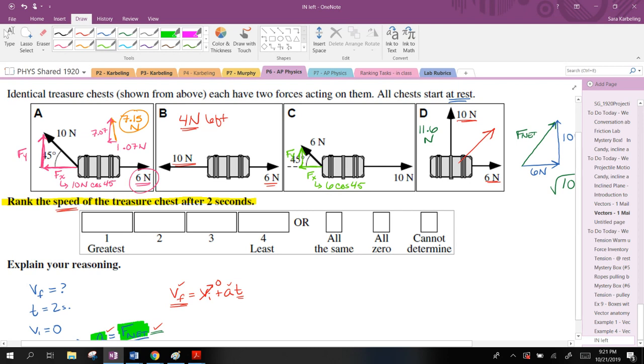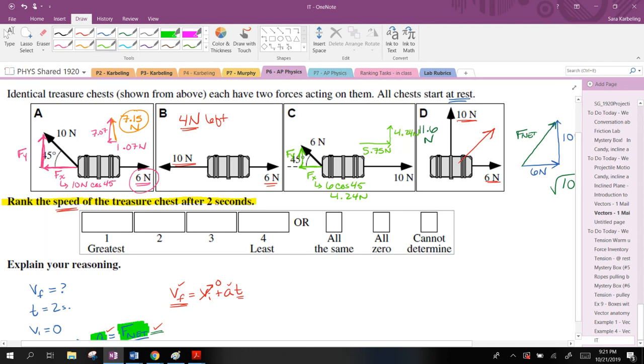So 6 times the cosine of 45 is 4.24 newtons, okay? Then that is pulling, in the x direction, opposing the 10 Newton force. So I'm going to subtract the 10 from that. And so I've got a force, in this direction, of 5.75 newtons. And then I've got a force upwards of 4.24 newtons.